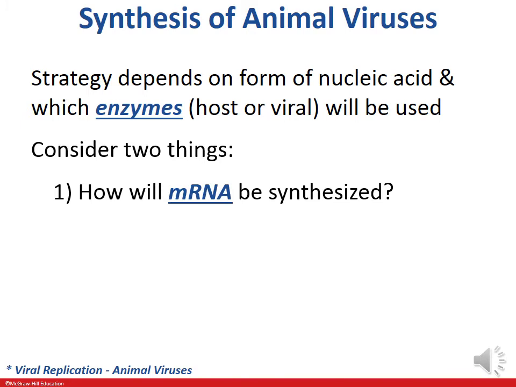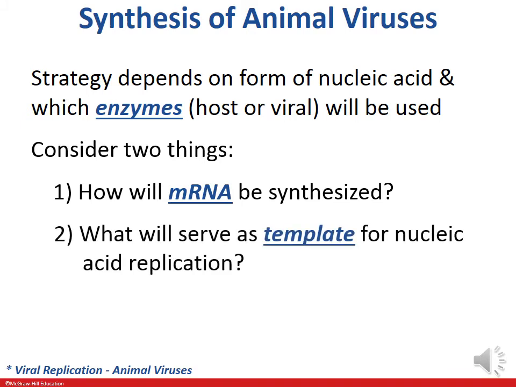So when you think about what we're doing here, the two questions we're asking are, depending on what kind of nucleic acid form you come in looking like, the more similar you look like the host, the more likely you're going to use host enzymes for both of these steps, right, for copying yourself. So how is messenger RNA going to be synthesized, and what will serve as the template, right?